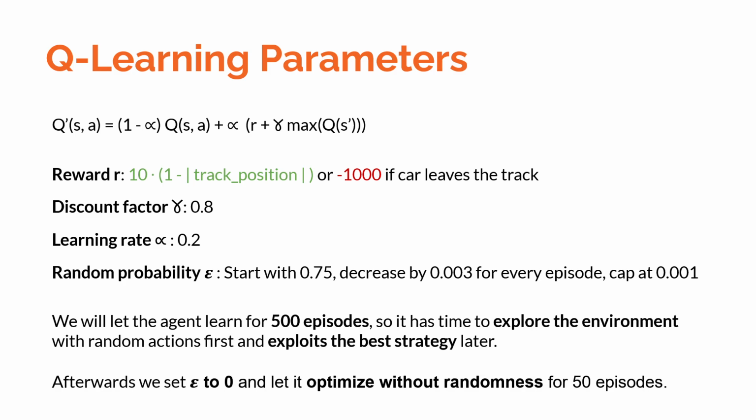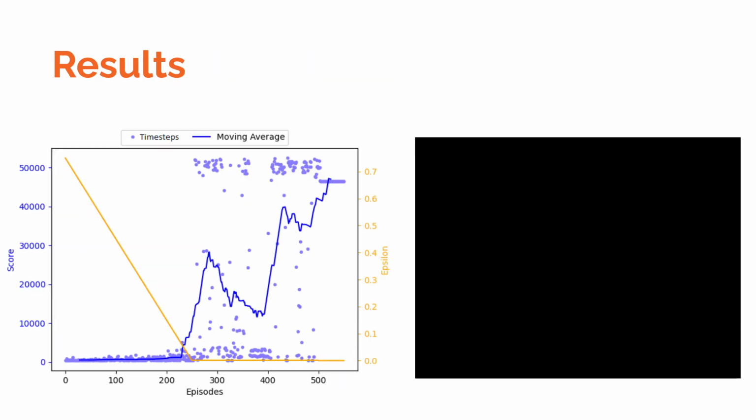That means when we let our agent learn for 500 episodes, it has both time to explore the environment and later on exploit. And after these 500, we will set epsilon to 0 and optimize it without any randomness for 50 more episodes to have a finished agent without randomness.